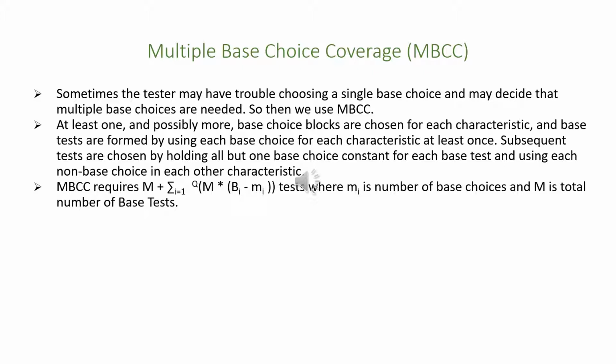Subsequent tests are chosen by holding all but one base choice constant for each base test and using each non-base choice in each other characteristic. Multiple base choice requires m plus the summation of i equal to 1 to Q of (m times B_i minus m_i) tests, where m_i is the number of base choices and m is the total number of base tests.